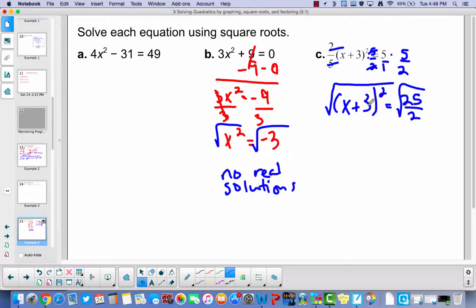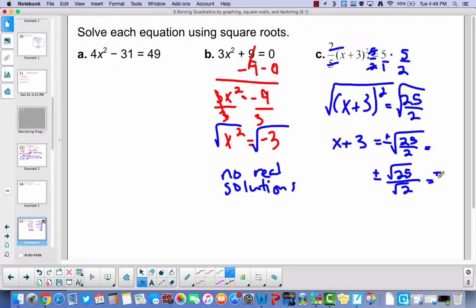Taking the square root of something squared leaves us with what we started with, so x plus 3. This is the square root of 25 over 2, but remember it's plus or minus. We can write that as plus or minus the square root of 25 over the square root of 2. We can break those apart.